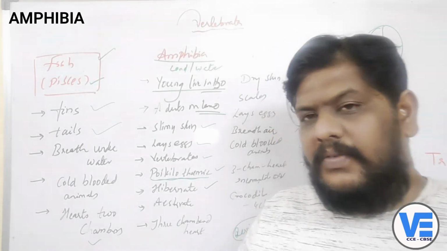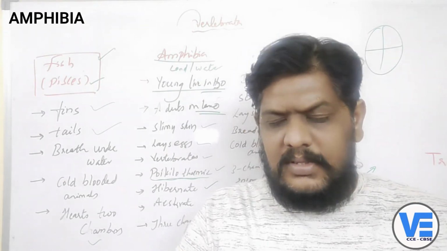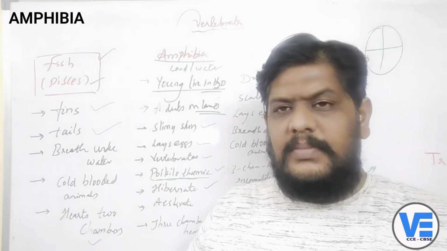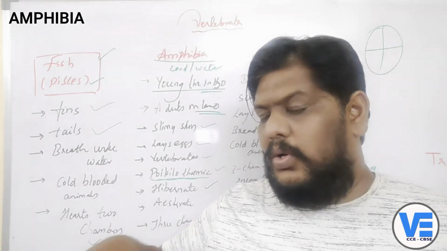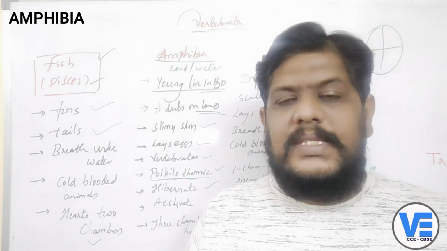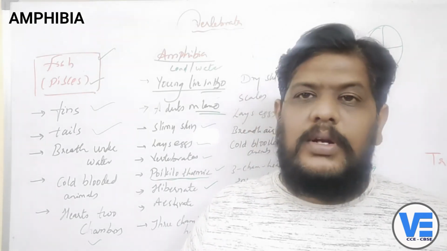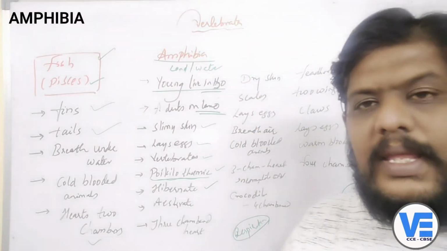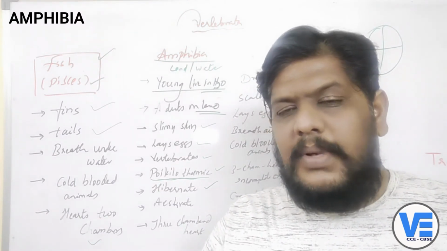That is the reason why, if you observe frogs, they live in ponds, lakes and streams, and they will stay on a rock, and after some time jump into the water, and again jump back on the rocks, because they want to retain water on their skin. They have a mucus layer over the skin which holds the water, and that is why their body is completely moist.